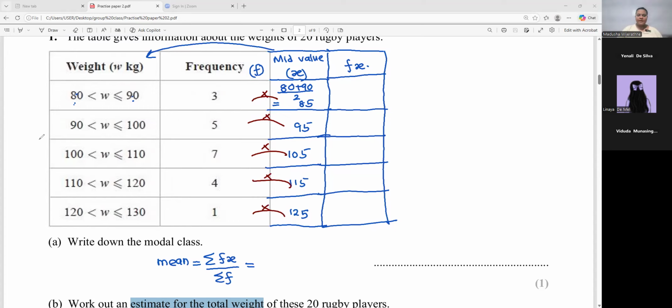And write it here: 85 times 3, 255. 95 times 5, 475.